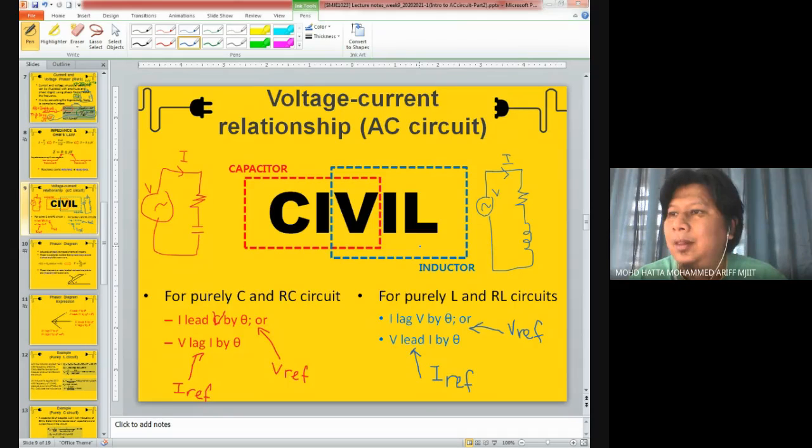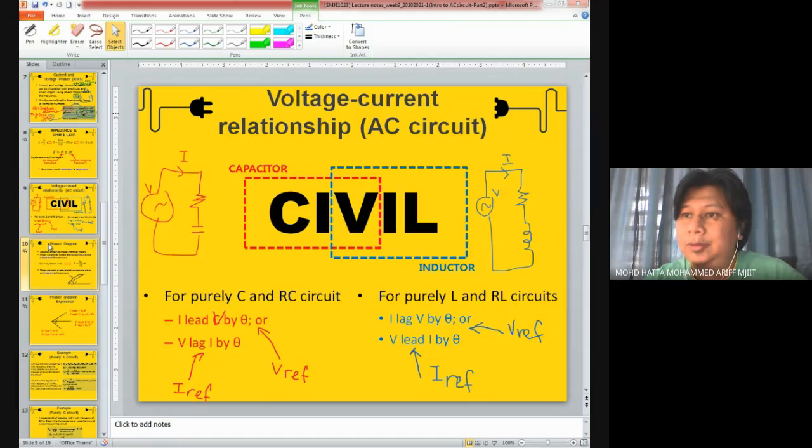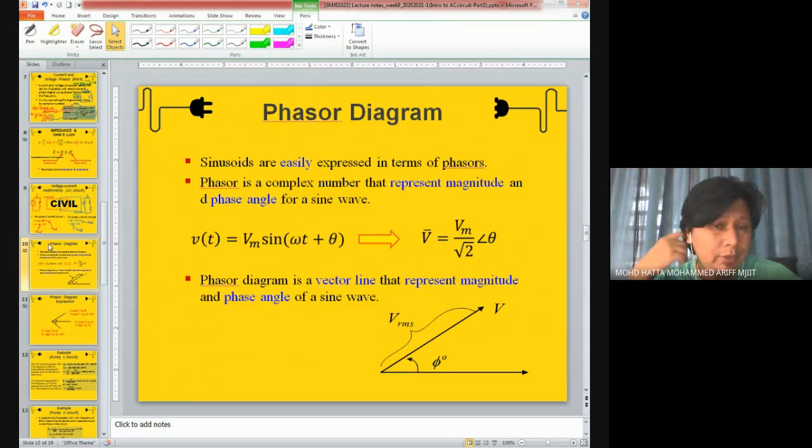If I have, for example, an RC circuit, it means my current should always lead my voltage. And if the circuit itself is an RL circuit, my current will always lag my voltage. That is a reference for me to check whether my answer is correct or not. I don't know about you, maybe you have your own style or approach to remember that.